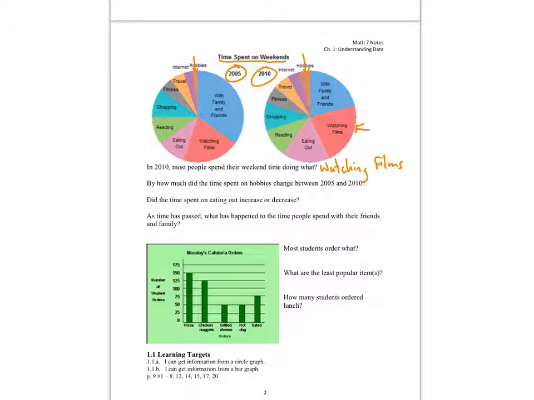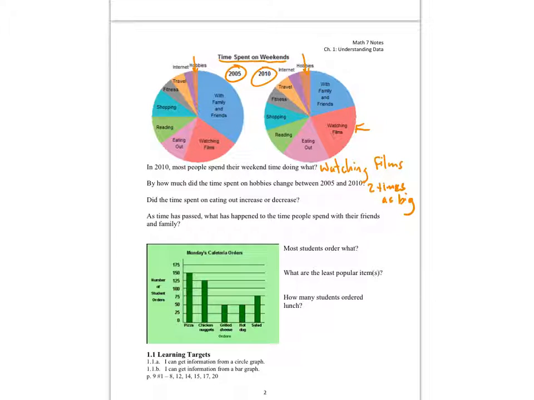Is it twice as big, 3 times as big, 4 times as big? I think it's maybe 2 times as big.